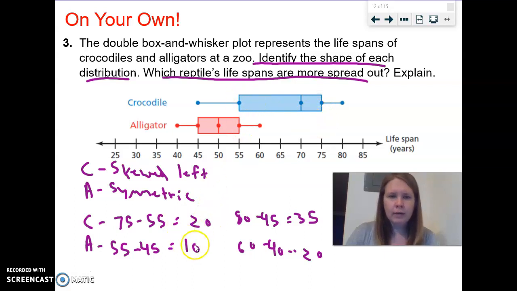So right now I can tell with the IQR that the crocodile data is varied more, but I also wanted to take a look at just range. So I took the largest number to the smallest number, so 80 minus 45, which is 35, and then for alligators it's 60 minus 40, which is 20. So ultimately then, because crocodiles continue to have the larger numbers, I would say which reptiles' lifespans are more spread out, it is crocodiles.